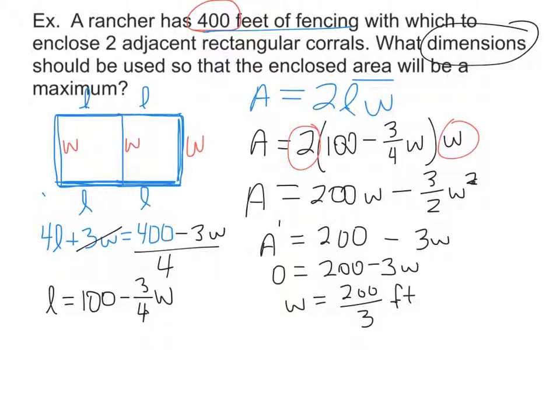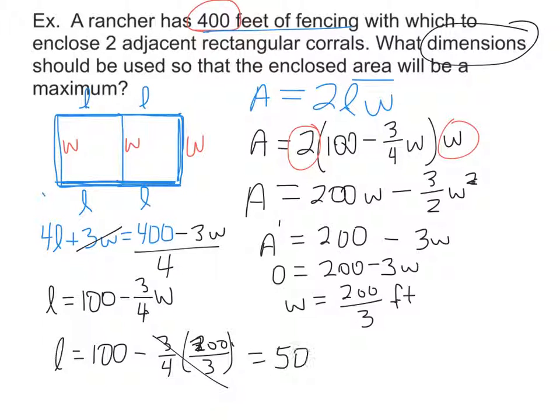Okay, now for the length, I'll plug that in right over here. 100 minus, well, 3/4 times 200 thirds. Those 3's cancel. 200 divided by 4 is 50, so the length would have to be 50.